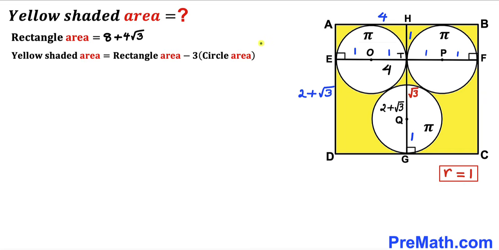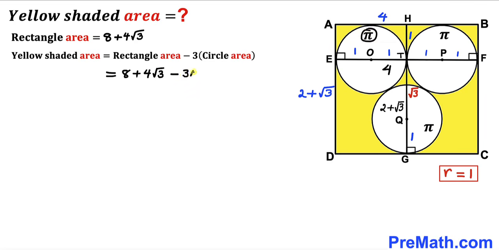And here's our final step. Let's recall this equation once again. The yellow shaded area is going to be equal to the rectangle ABCD area minus 3 times the circle area. And we have already calculated this rectangle area over here. So let's go ahead and fill in the blanks in this equation. So our rectangle area is 8 plus 4 times square root of 3 minus 3 times the circle area, which is pi.